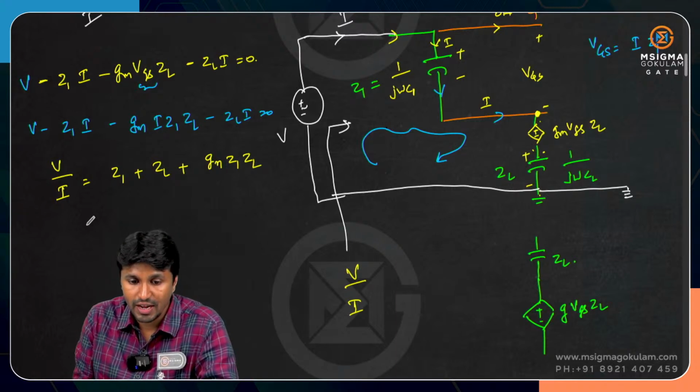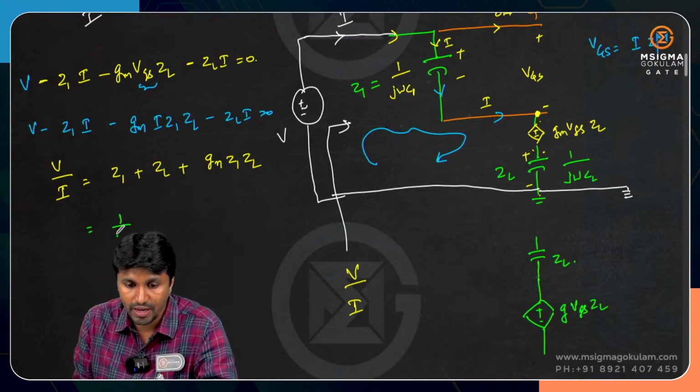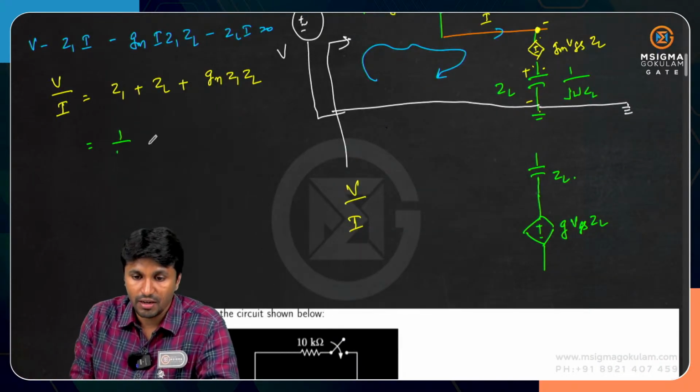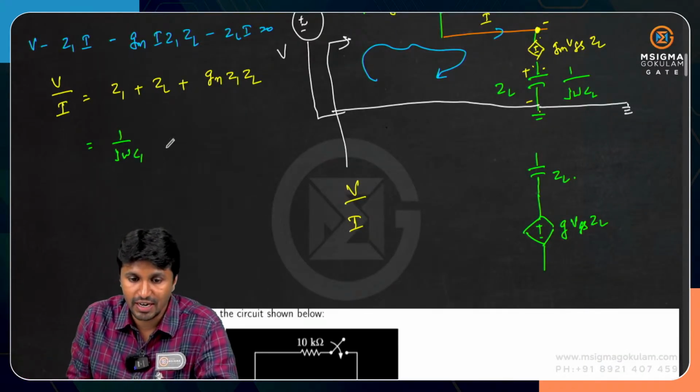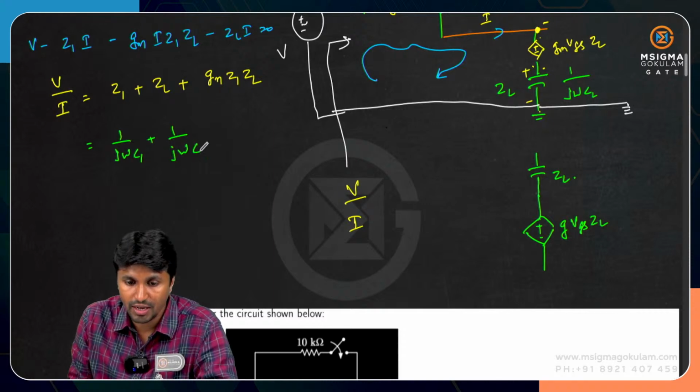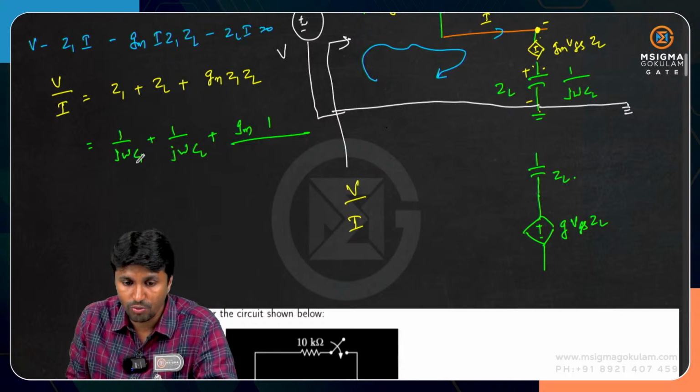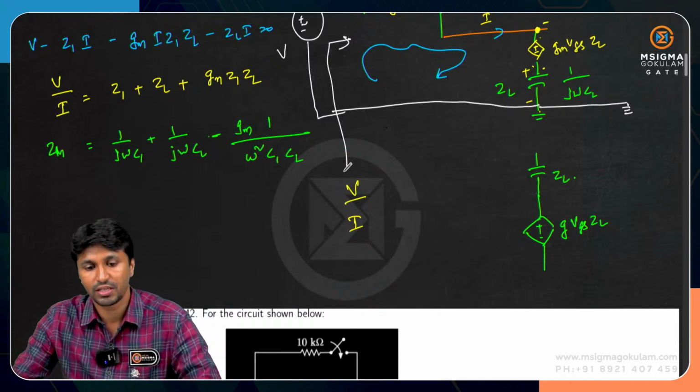So therefore Z1 is nothing but 1 by j omega C1, and ZL is nothing but 1 by j omega CL, and this is nothing but gm into 1 by j omega C1 into 1 by j omega CL, which is minus omega square C1 CL, right? So therefore this negative sign goes to the numerator, and this is one of your options, right? So this is nothing but the input impedance.